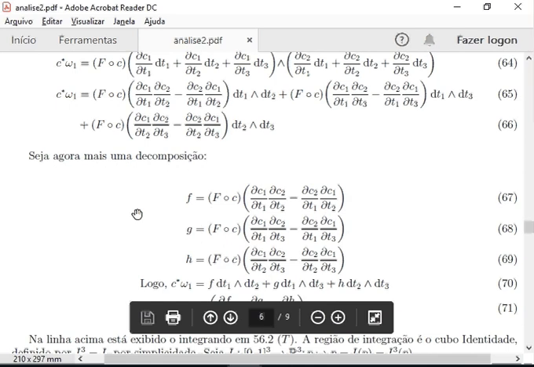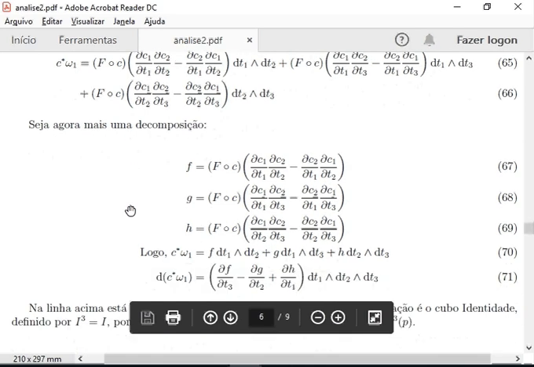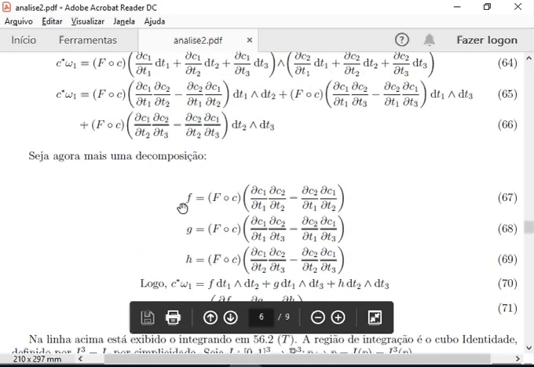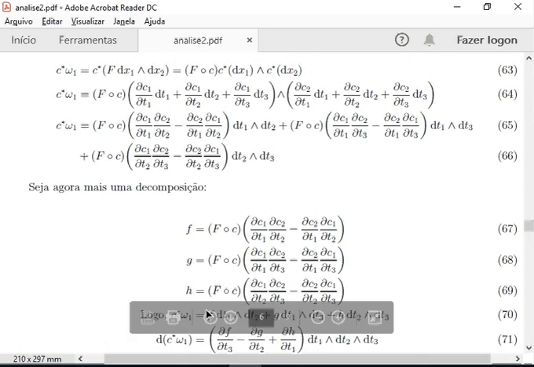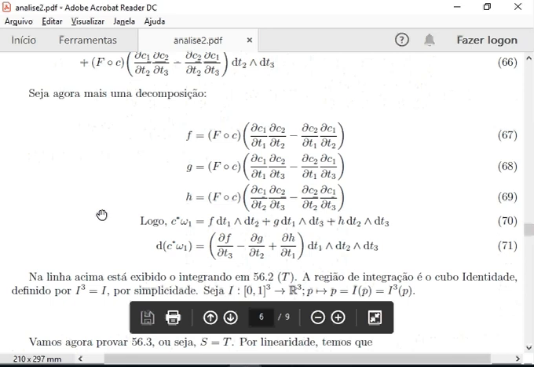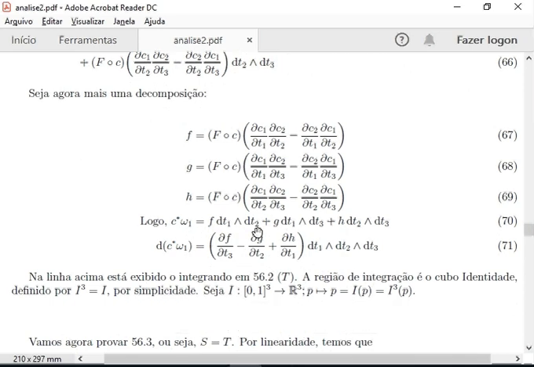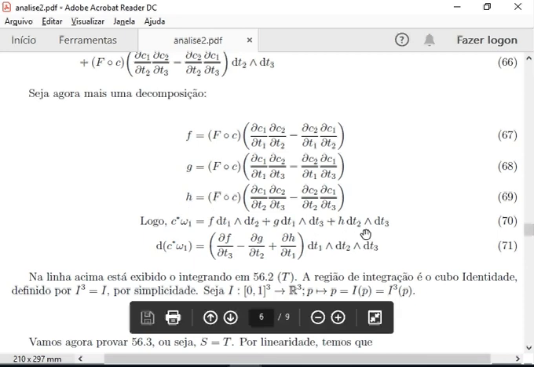Let now be one more decomposition. Who is little f? This part that multiplies dt1 wedge dt2. Let g be the coefficient of dt1 dt3, and let little h be the coefficient of dt2 wedge dt3.